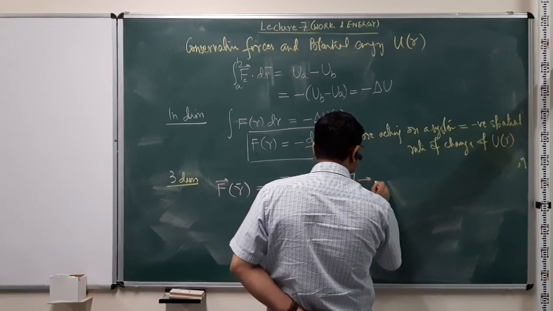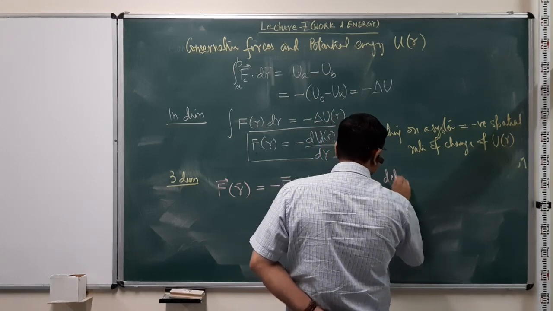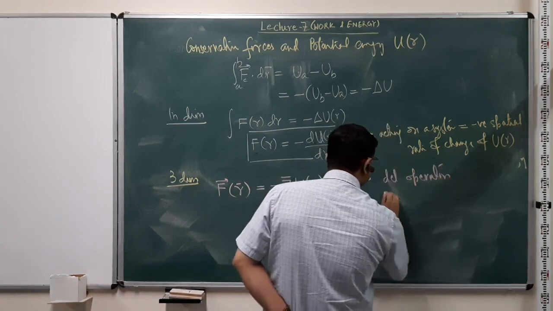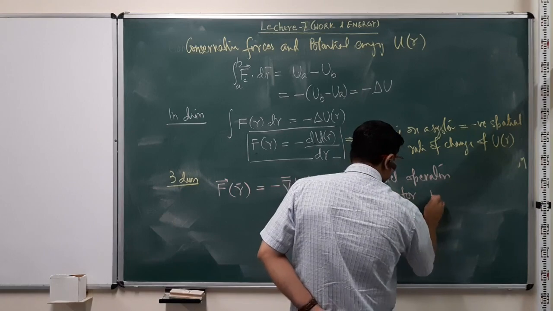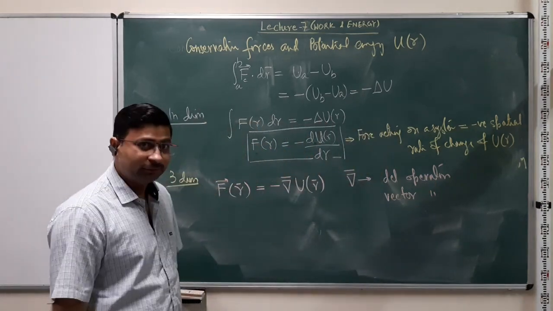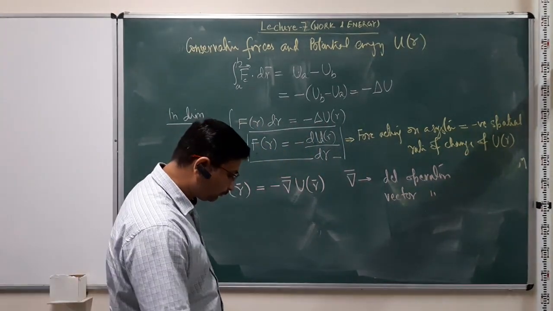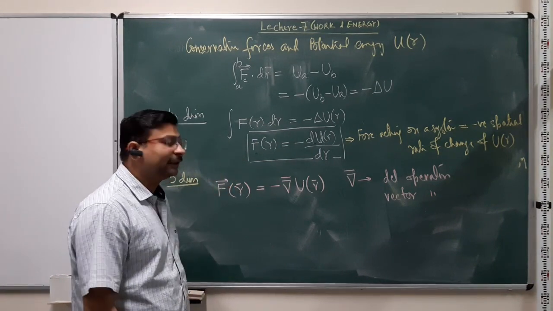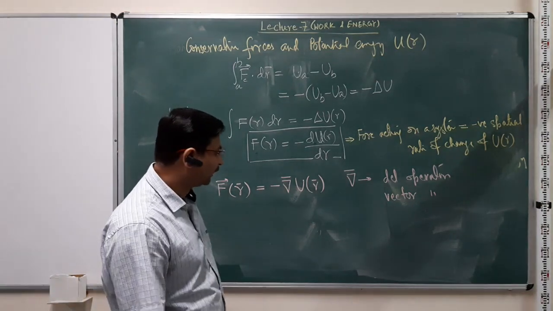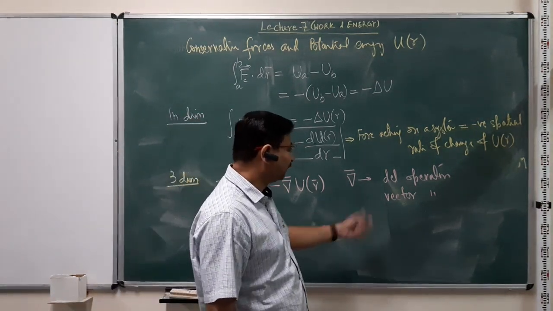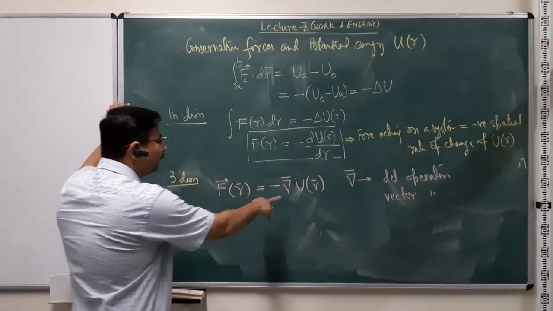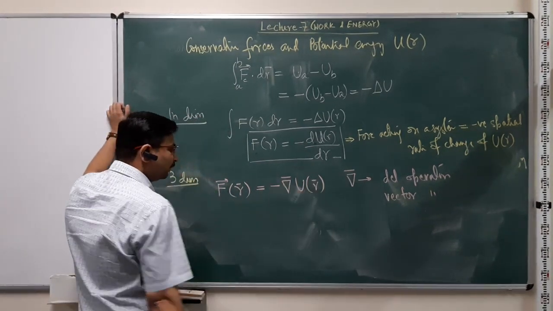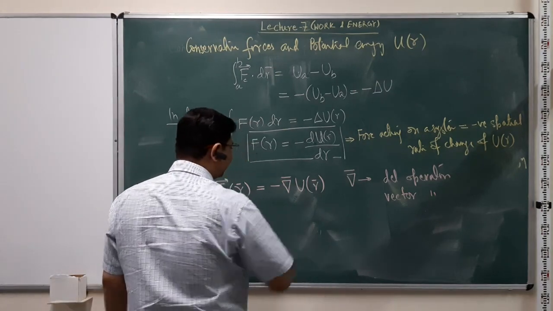First of all, it's called the del operator. It's a vector operator. It's not a vector quantity in the sense of force or velocity or acceleration. It's an operator, so it has to act on some physical quantity. Nevertheless, this is a vector operator, right? And the force is then equal to negative del of u of r in 3 dimensions.